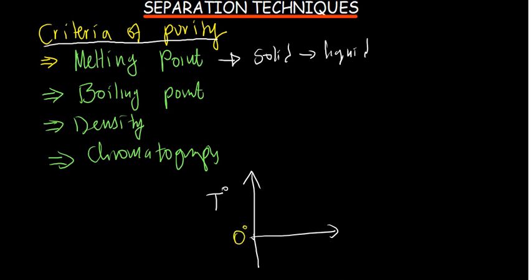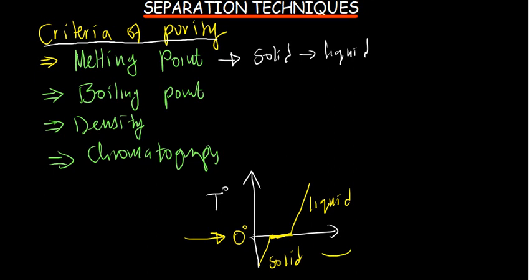So if you have got something like this, on top we are going to have liquid water, and then below we are going to have solid water. We can see at 0 degrees what is happening. The temperature is not changing, the temperature is constant. So that is what happens during melting. The temperature of a substance remains constant. It means it is now melting.